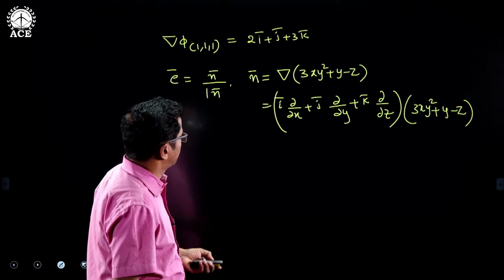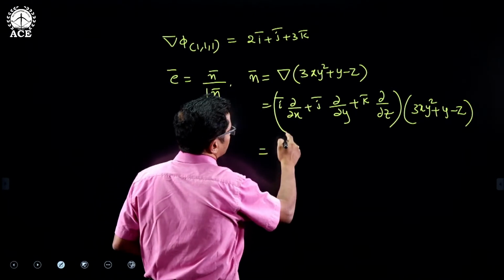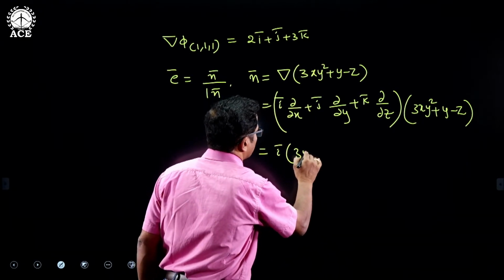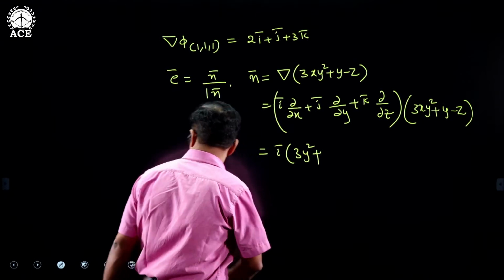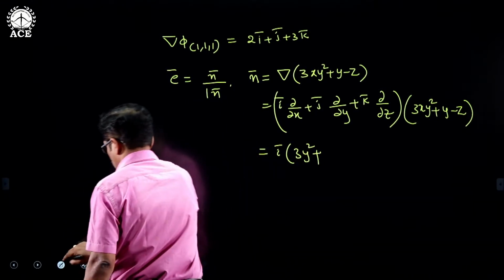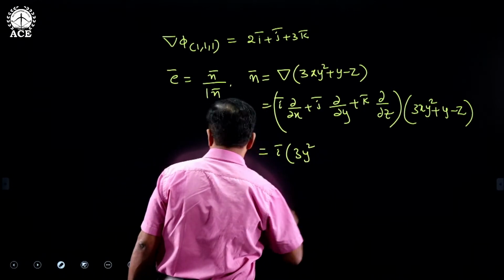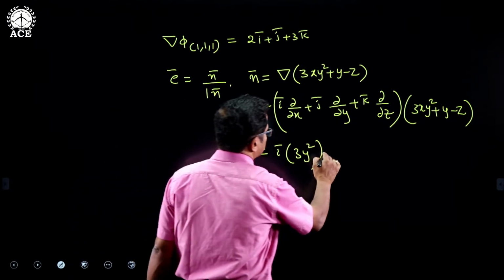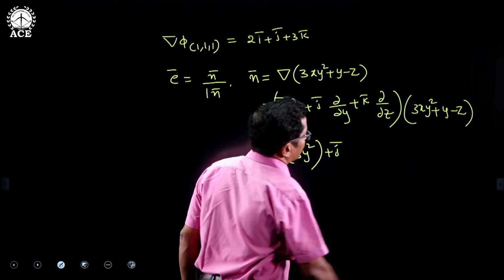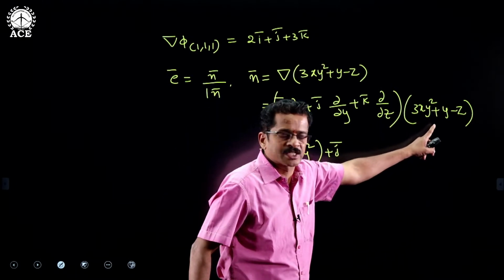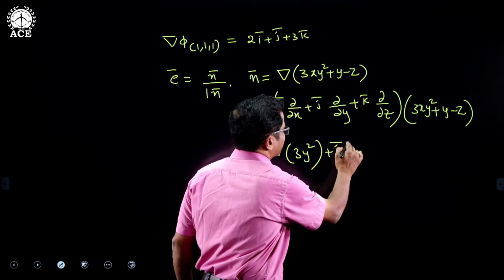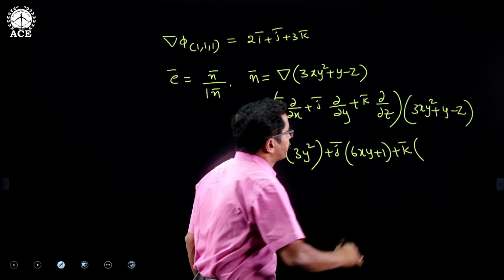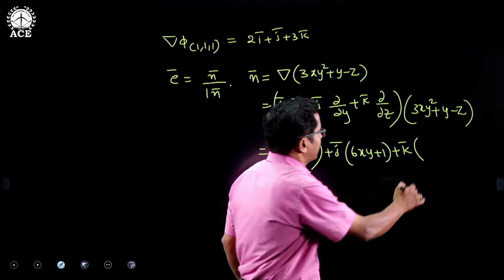So which is equal to i bar into dou by dou x of this, 3y square, plus j bar into dou by dou y of that: 3xy square differentiates to 6xy, plus 1, plus k bar into dou by dou z of this, which is going to be minus 1.